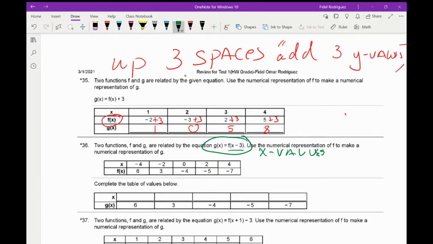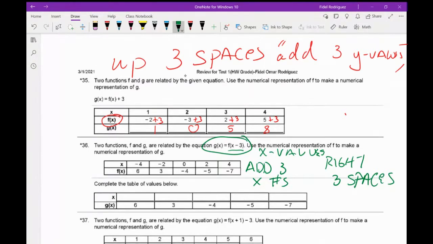And so if I'm going to change my x values, the way I'm going to change these, even though this is a minus 3, we're actually going to be moving to the right 3 spaces, okay? So what I'm going to do is I'm going to move to the right. I'm going to add 3 to my x numbers, okay?